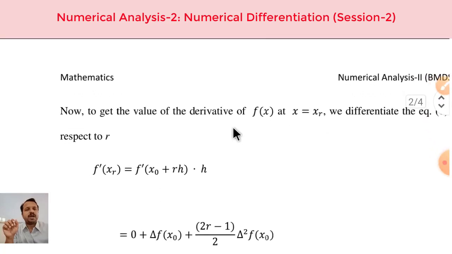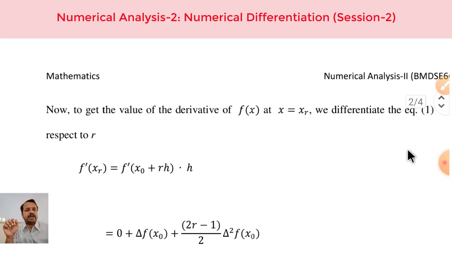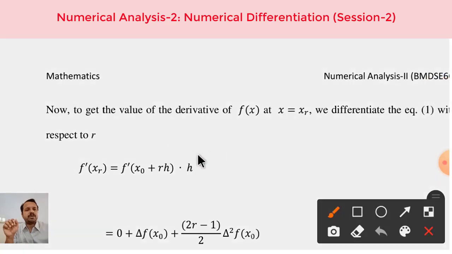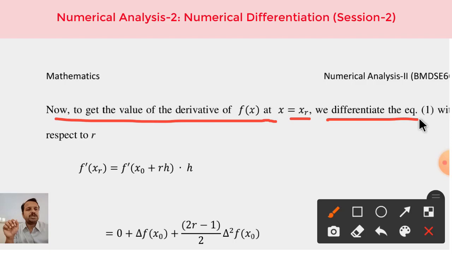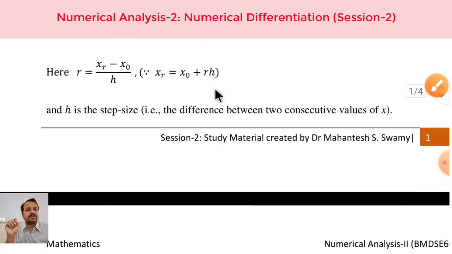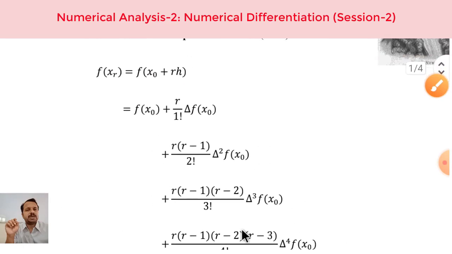Now what we are advised, in order to get the numerical differentiation formula, is to differentiate. You read this sentence carefully. To get the value of the derivative of f of x at xr, we have to differentiate the above equation, that is Newton's forward interpolation formula, with respect to this variable r. Very, very important, we have to differentiate with respect to r. You look at the LHS. LHS is f.